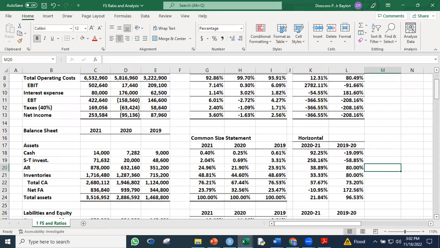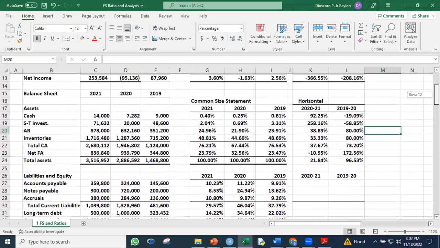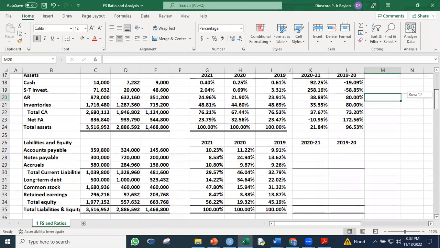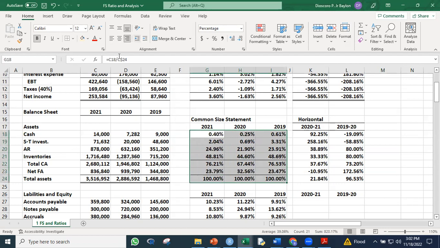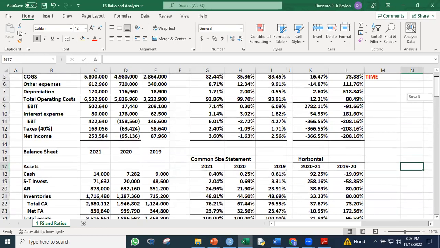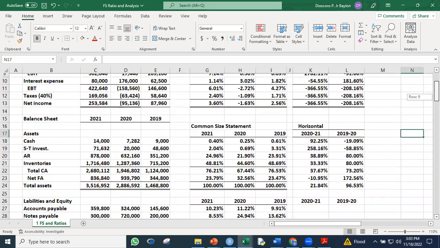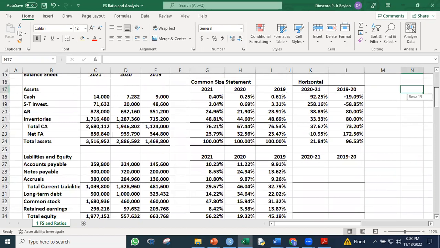Okay, so which formula do you want me to repeat, Migs? Which part here? Sir, the accounts payable po. Accounts payable, the one below. Horizontal ba, vertical?